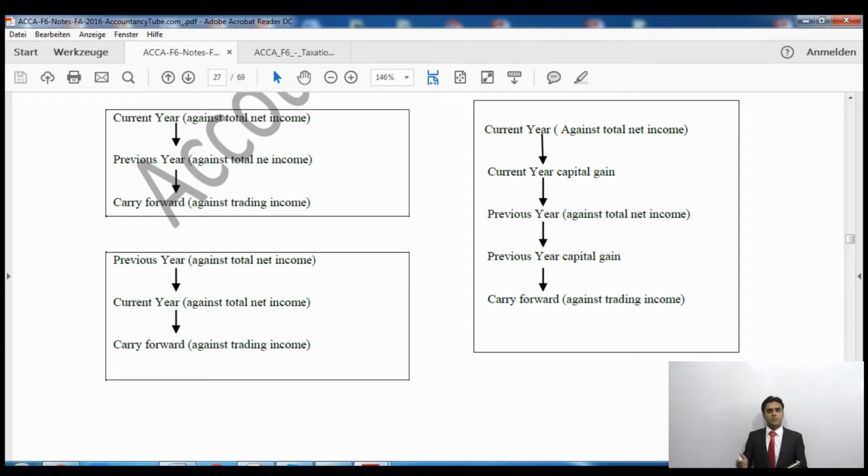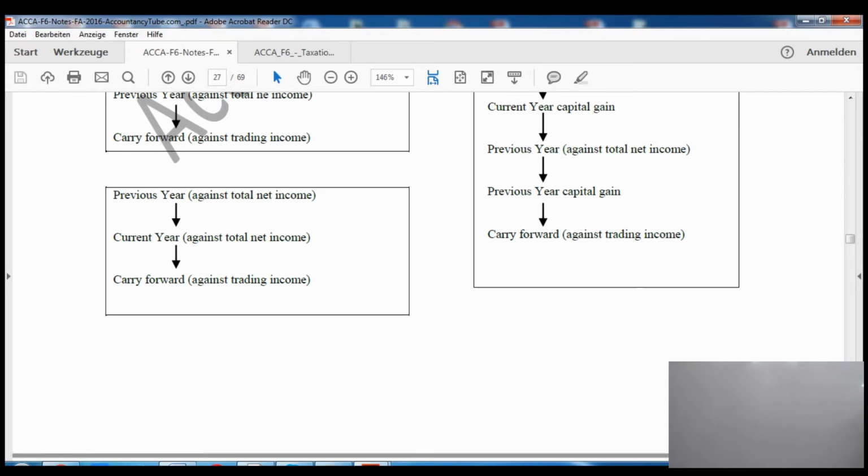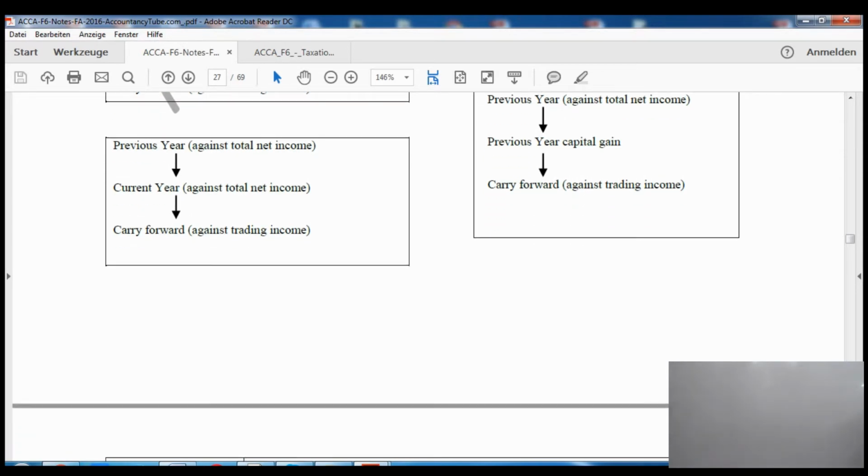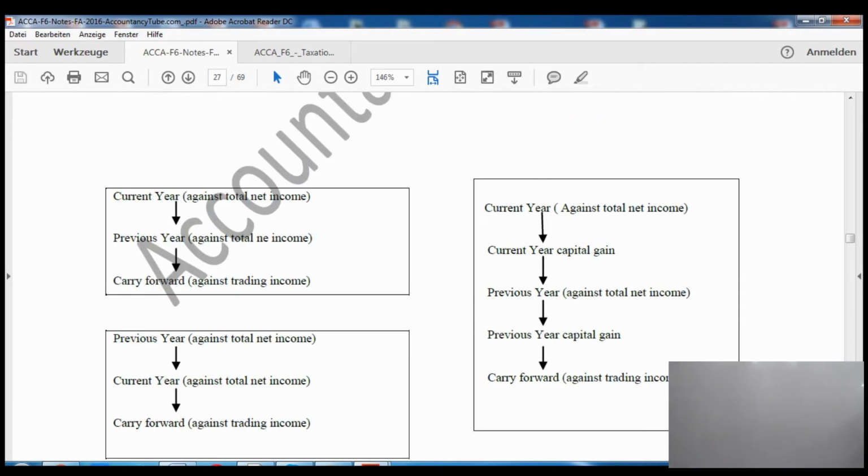The second option is that I first do it against the previous year's net income, then the current year's net income, and then carry forward against future years' trading profits.